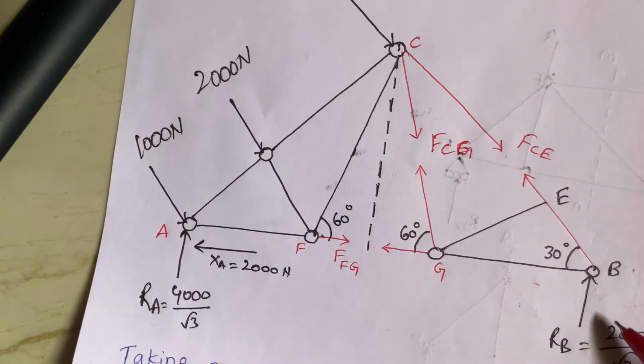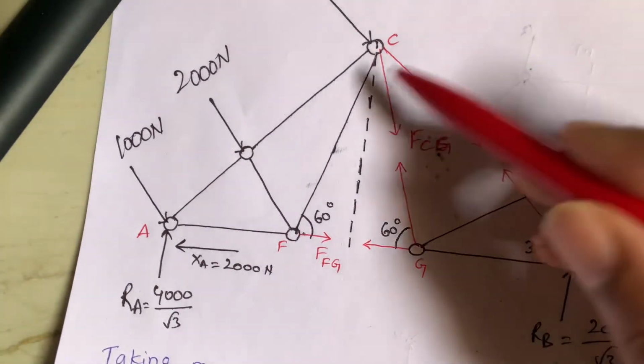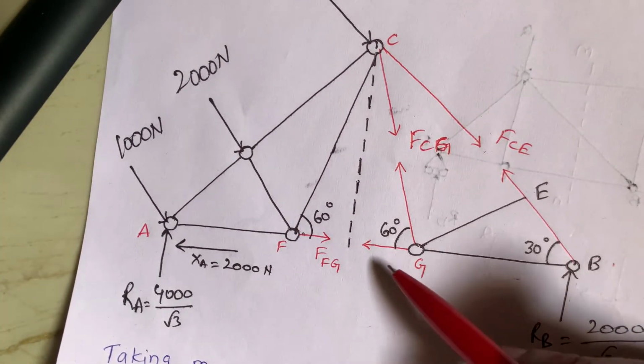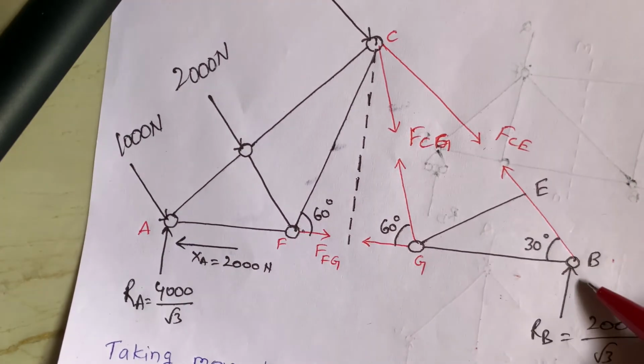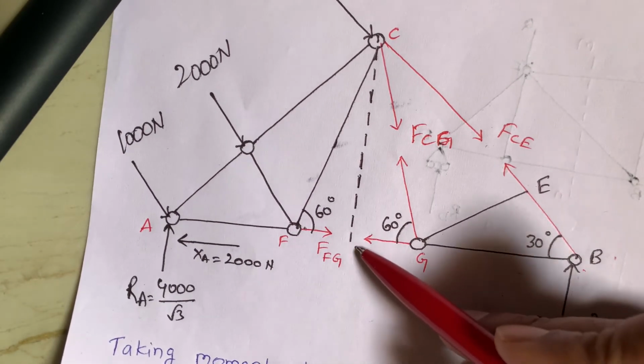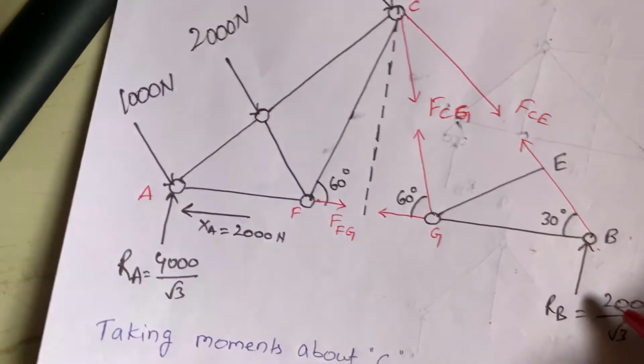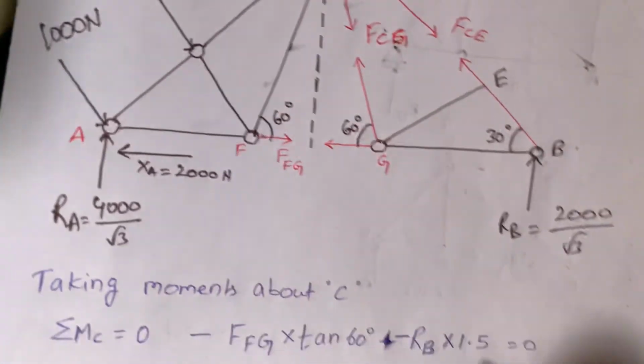Minus RB is nothing but this one. This is also anti-clockwise to C, so force into perpendicular distance, that is nothing but from B to G is 1 meter and G to this center is 0.5, that is 1.5. So nothing but RB into 1.5.